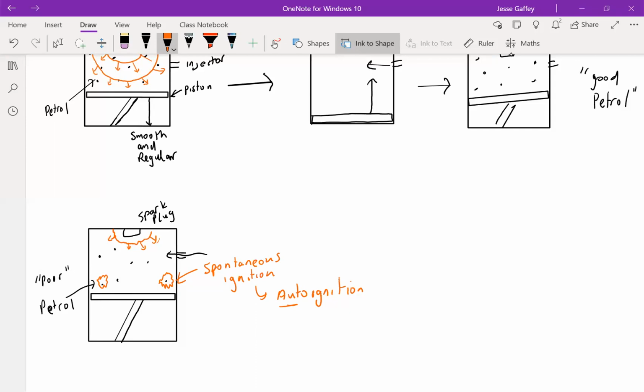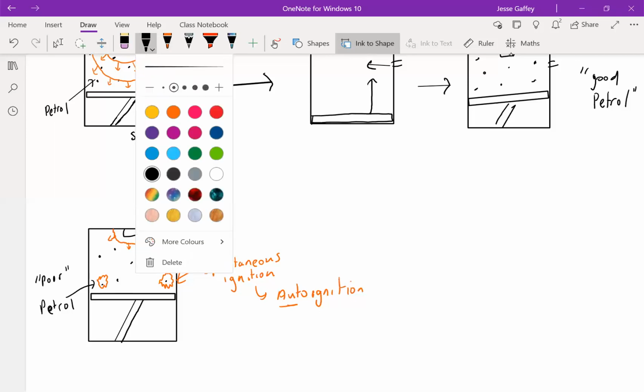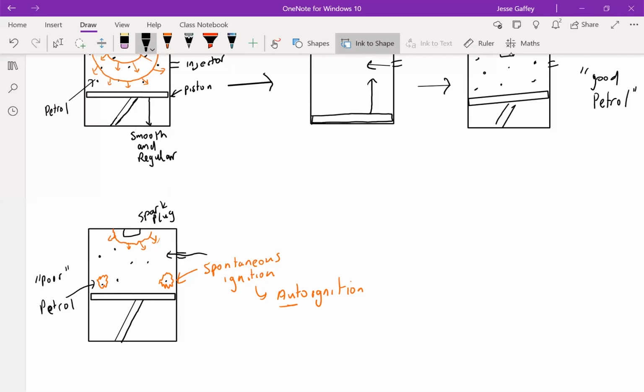Now, these little miniature combustions are going to have an impact on our piston. They are going to mean that our piston gets these little vibrations, and it starts to descend in little shocks or little waves, and it creates what we call a jittery motion.